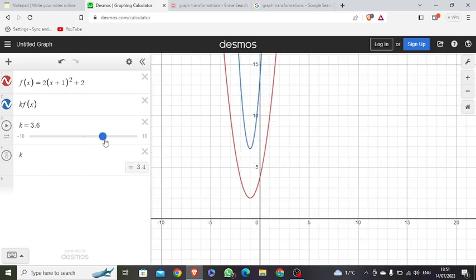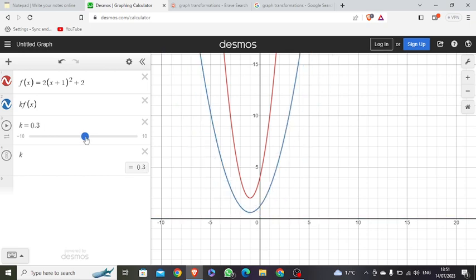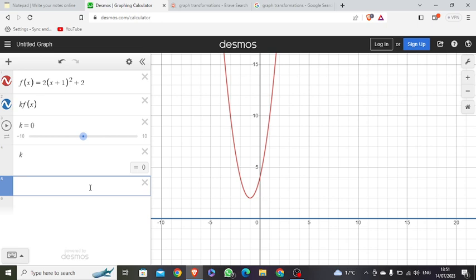Now, let's put k in the middle: 0 is less than or equal to k is less than or equal to 1.